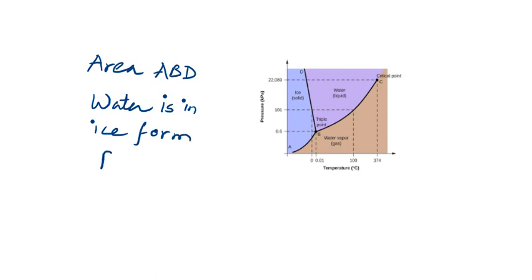Again, P is equal to 1, C is equal to 1 and therefore F is equal to 2. So you will have to define temperature as well as pressure to define area ABD. Thus, in any area degree of freedom is 2.